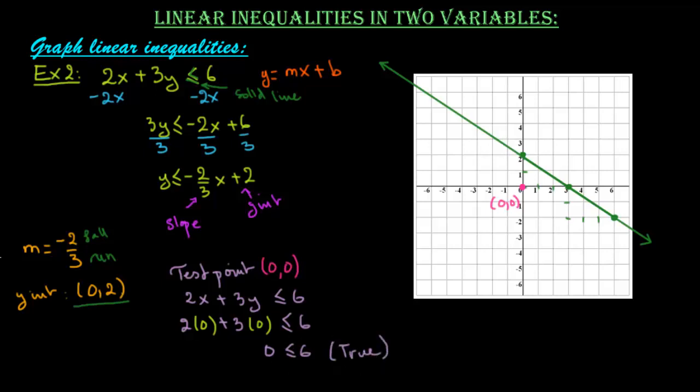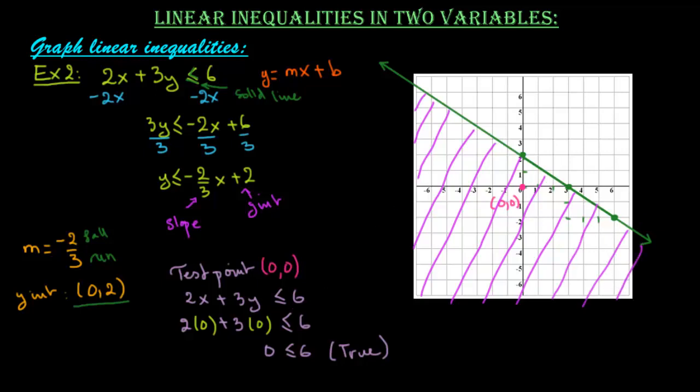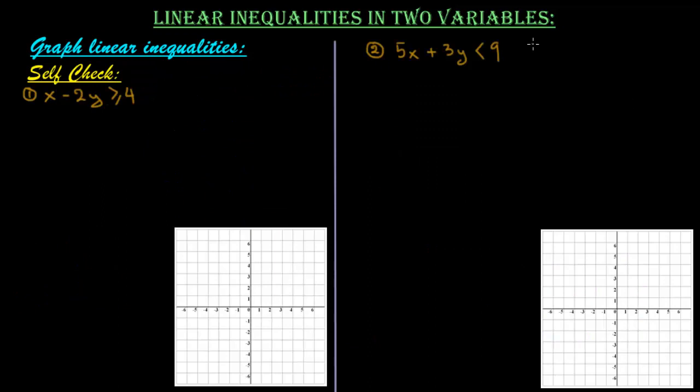Then I'm going to shade below the line, so we shade the area containing the point (0, 0). And that is my answer for problem 2.